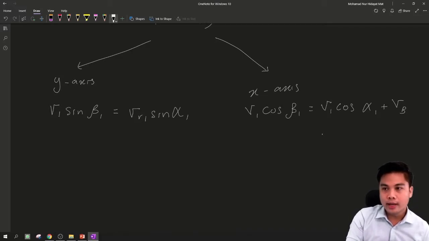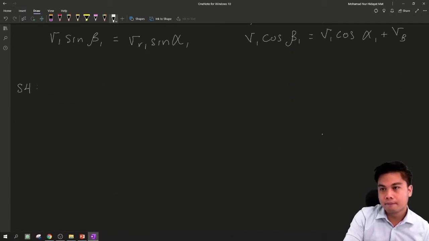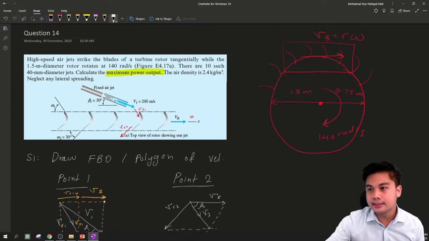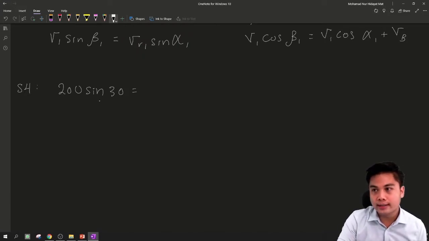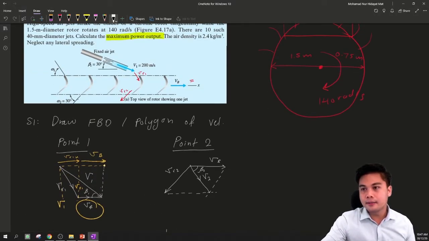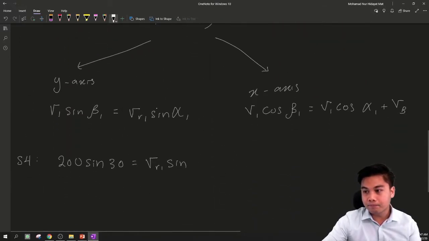Step number 4, substitute. V1 is equal to 200 sine beta 1, which is 30, equal to VR1, which we want to find out, VR1 sine alpha 1. Alpha 1 is actually not given, it's okay, just leave it as alpha 1.